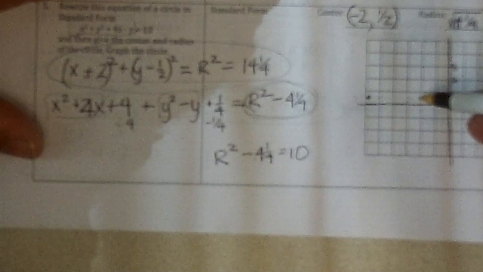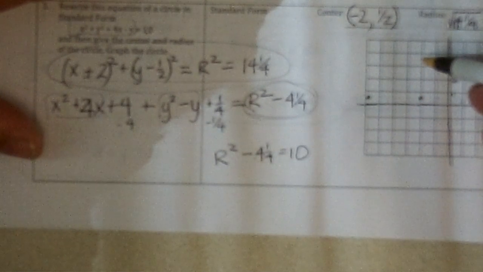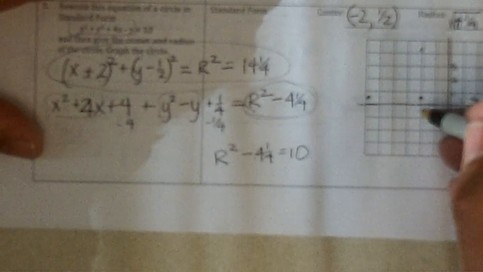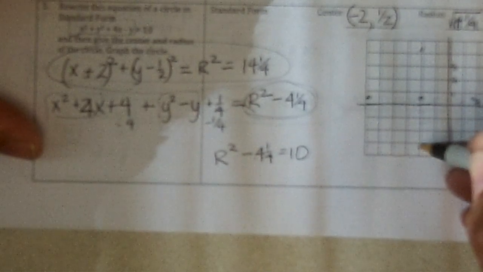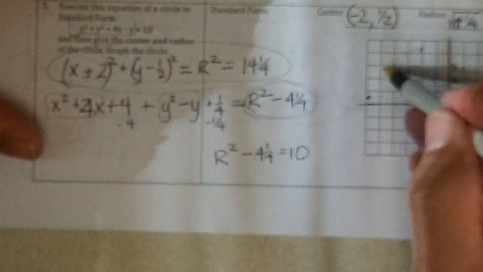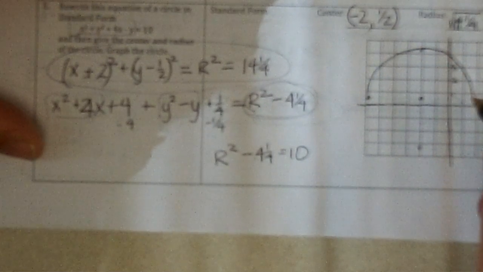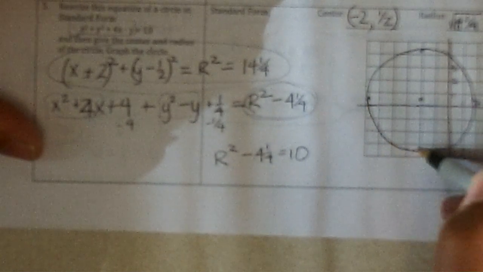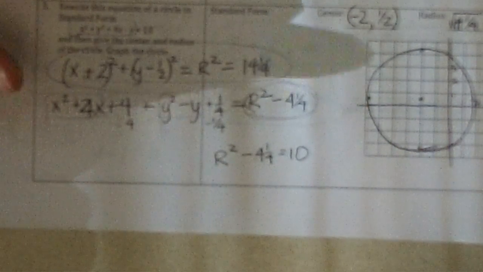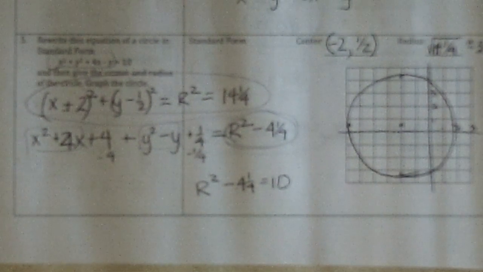And from a half, I got to go up 3.8-ish, and 3.8-ish, and draw my circle. So that's approximately the circle. Okay?